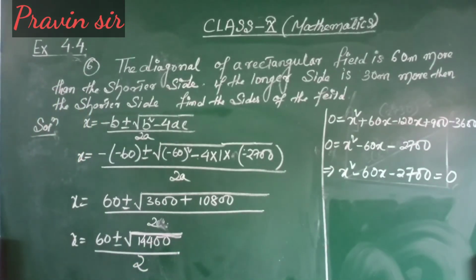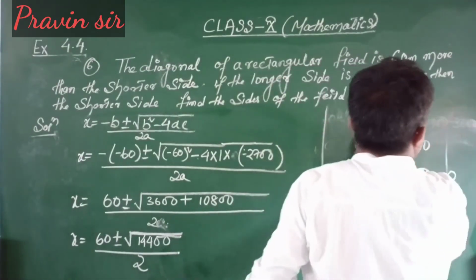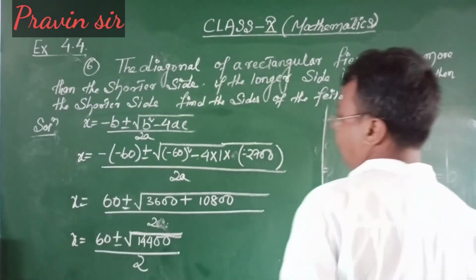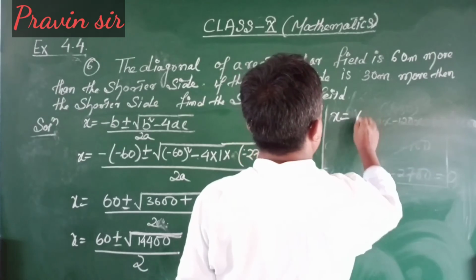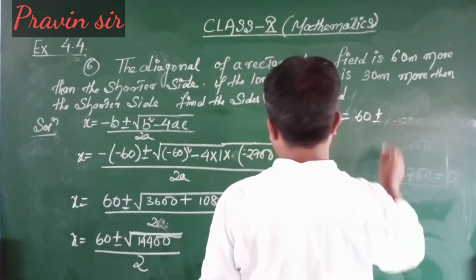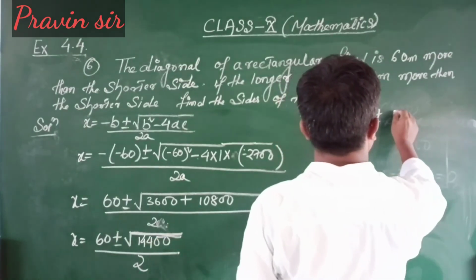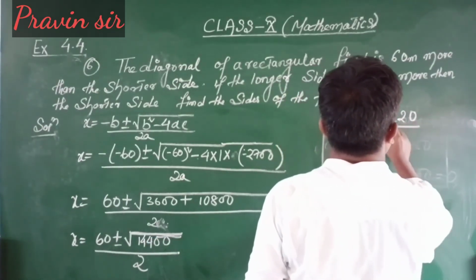Now x is equal to 60 plus minus square root of 14,400, which is 120, divided by 2.